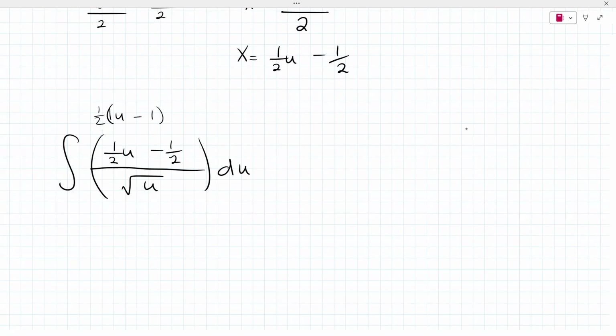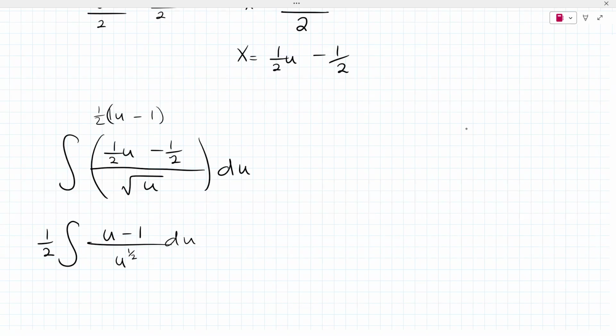So what you could do is factor out a 1/2, and then you get u minus 1. On the bottom, it's the square root of u, which is the same thing as u to the 1/2, du.